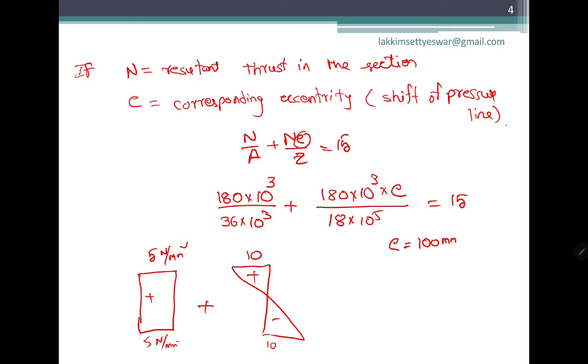The resultant is 15 Newton per mm square at top and 5 Newton per mm square at the bottom. The pressure line will act here, this is the eccentricity e, and this is the resultant stress.